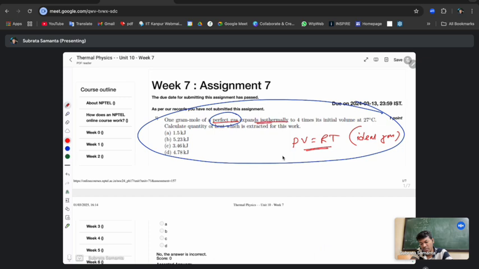Isothermally means the temperature is constant.